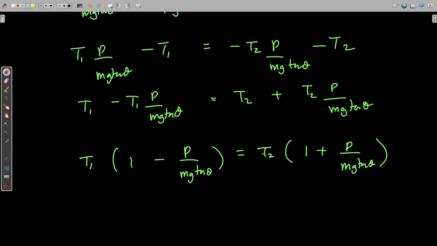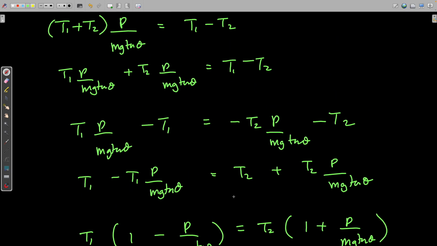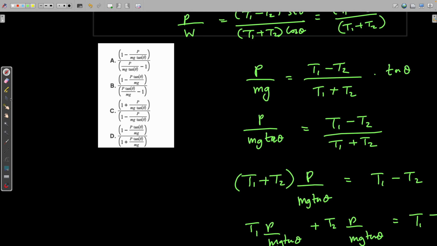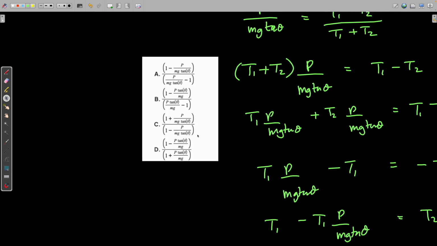And then the ratio is T1 over T2, so T1 over T2 is 1 plus P over mg tan theta divided by 1 minus P over mg tan theta, which hopefully is one of the options. Let me just see if I bring this down. Hopefully it matches one of those.